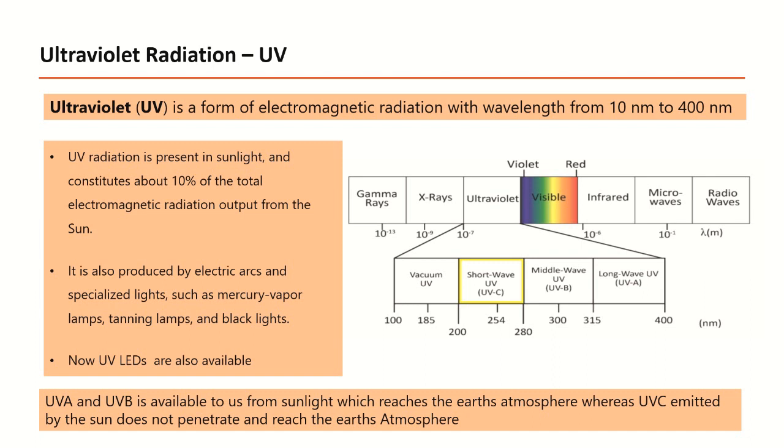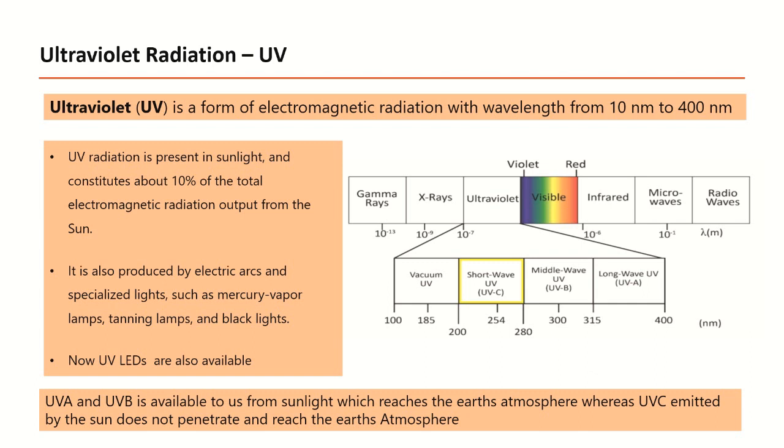Approximately 10% of the sun's electromagnetic radiation is ultraviolet. Ultraviolet radiation can also be produced artificially by electric arcs or some specialized lamps such as the mercury vapor lamp, tanning lamps, or black lights. Now even UV LEDs are available.